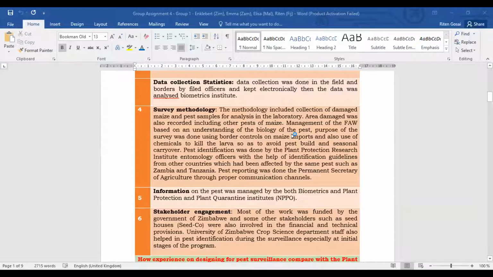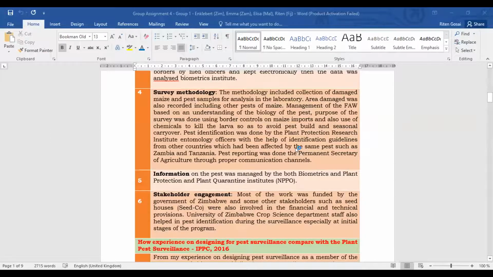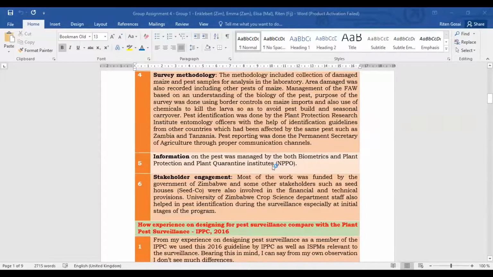And the management of fall armyworm was based on understanding of the biology of the pest. The survey was done using border controls and maize imports, and also the use of chemicals to kill the larvae, similar to what I think was mentioned by group 2 on larvae killing and identification.